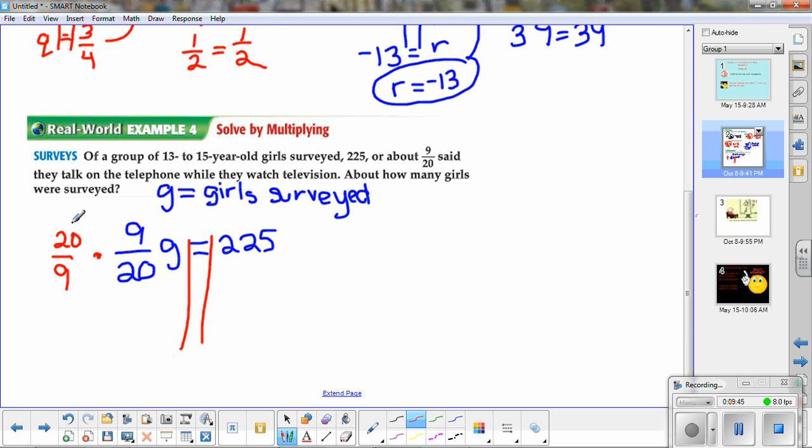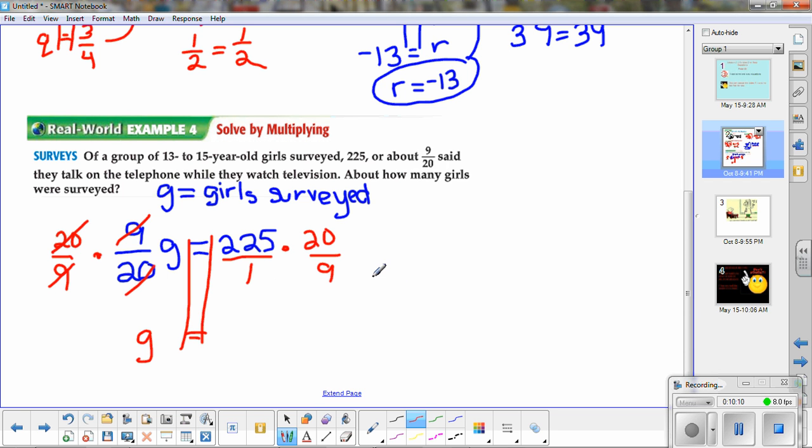And if I do that on the left, I must also do it on the right side. So over on the left, I end up with just 1g. Over on the right, 225 times 20/9ths. I'm going to write 225 as a fraction by putting it over 1.